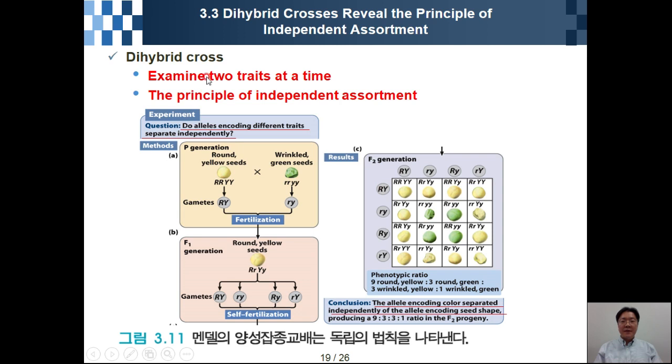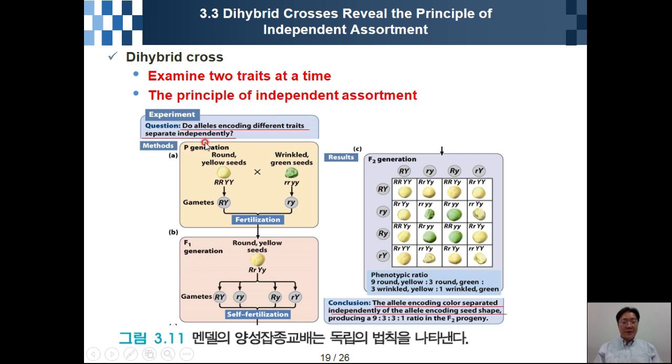Dihybrid crosses examine two traits, for example, shape, round and wrinkled, and color, yellow and green. So the question was: do alleles encoding different traits, for example, large R encoding round and large Y encoding yellow color, separate independently?